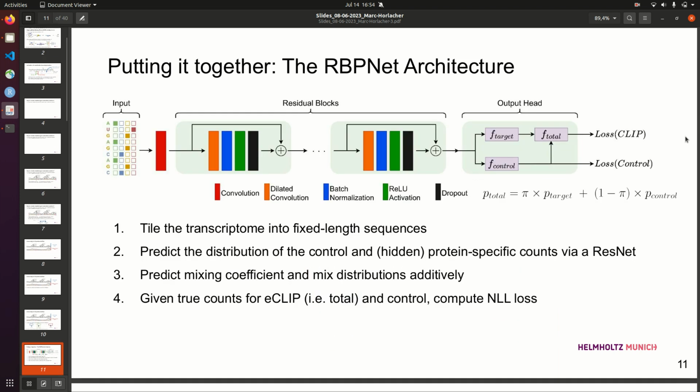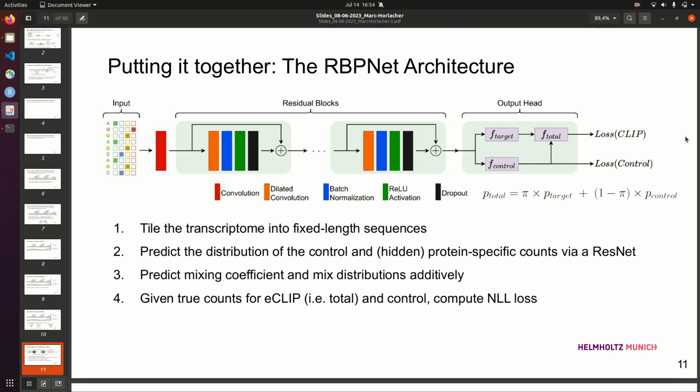So putting it together, we can model the distribution of crosslink counts in the following steps. First, we tile the transcriptome into fixed length sequences. We then predict the distribution of crosslinks and hidden protein-specific counts via a ResNet.